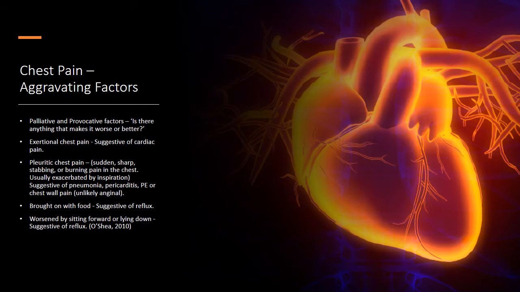Inquiring about aggravating factors, or as the PQRST mnemonic refers to them, palliative and provocative factors. So actually this isn't just aggravating factors, which make the pain worse, but also is there anything that makes the pain better? Knowing whether or not a patient has taken any analgesia can be really useful, because then we know, if they've taken some GTN, has that made it better, or have they taken some paracetamol and has that had an impact?